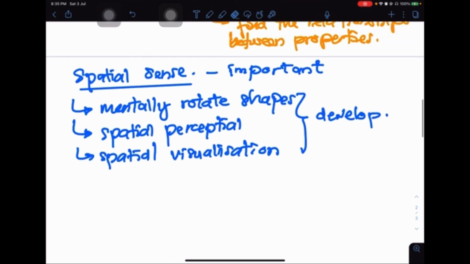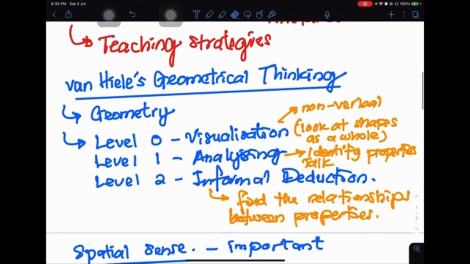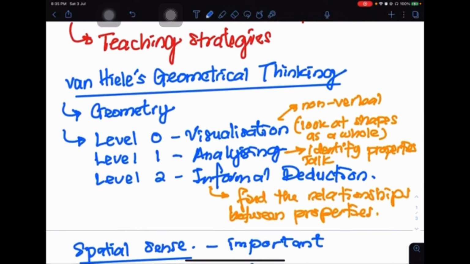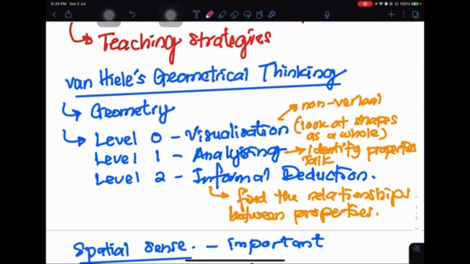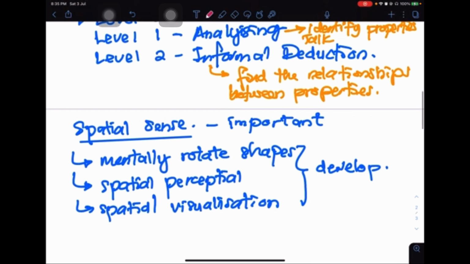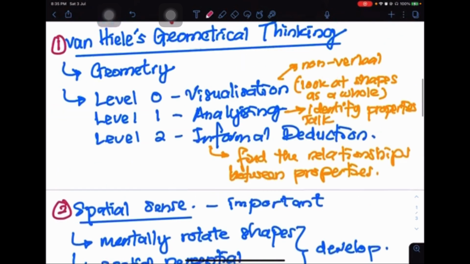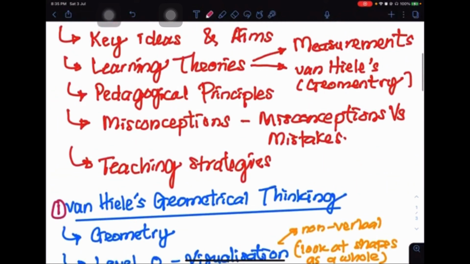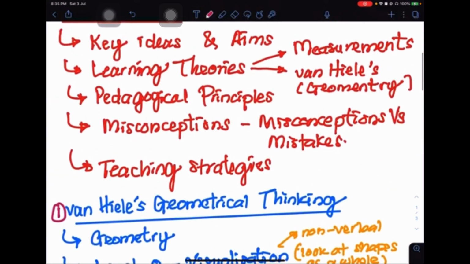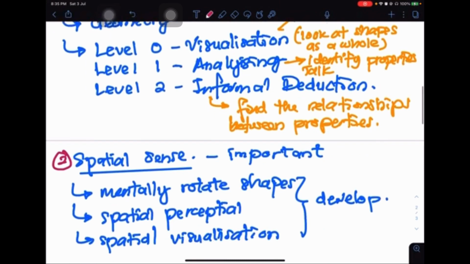So these two, Van Hiele and also spatial sense, are the two learning theories which are important for geometry.